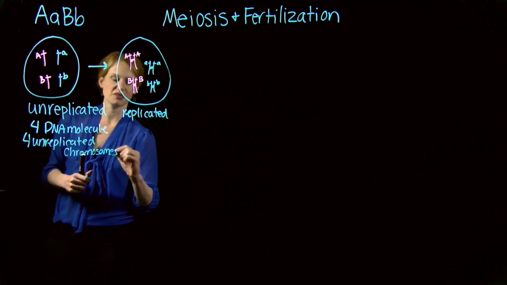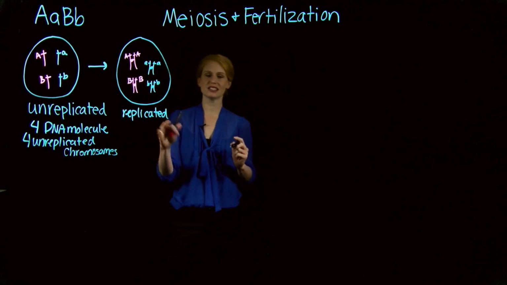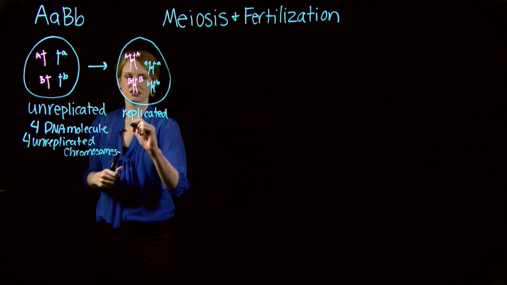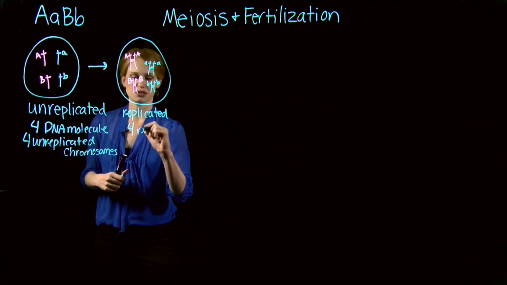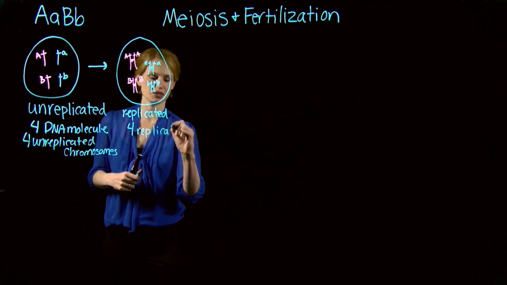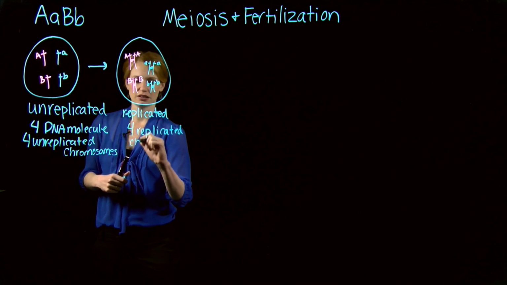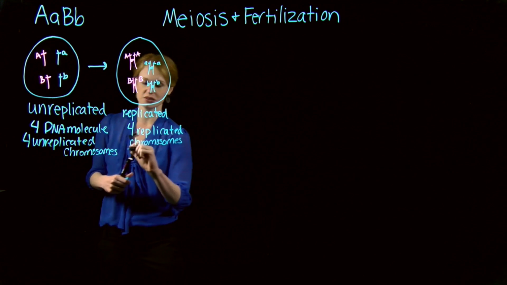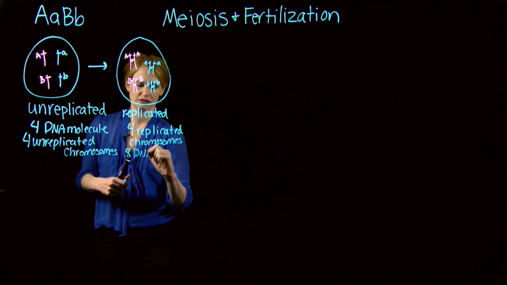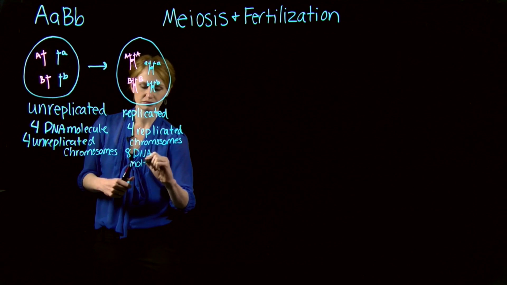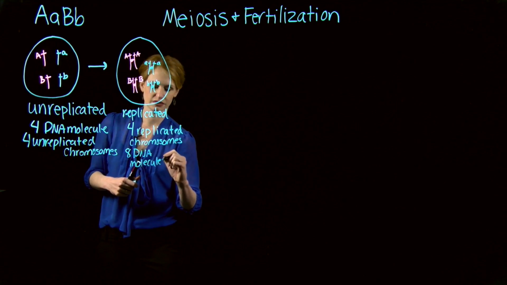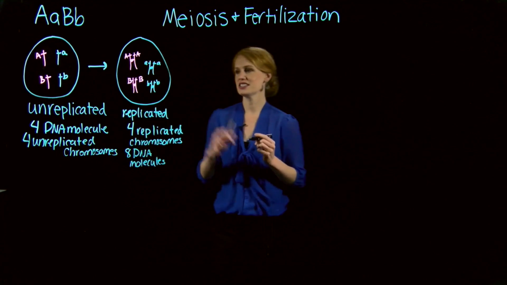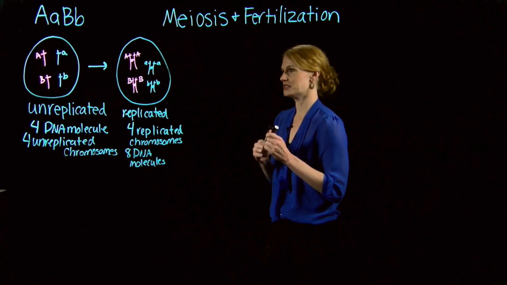As you learned from the previous video, in this cell we still have 4 chromosomes. These are called replicated chromosomes. So we've got 4 replicated chromosomes and a total of 8 DNA molecules. Now this cell is ready to undergo meiosis.